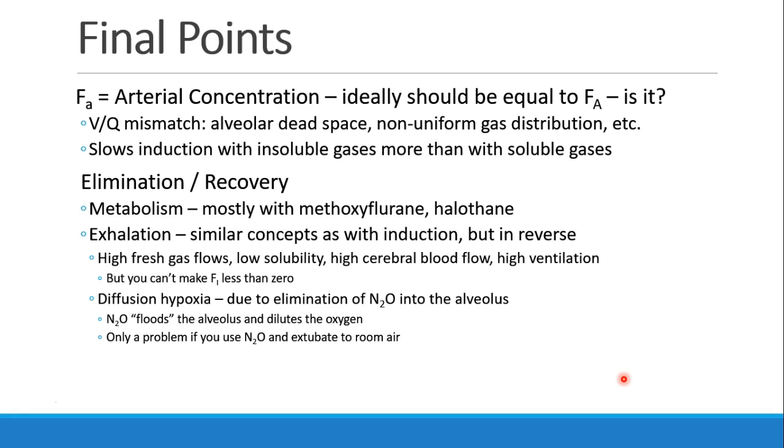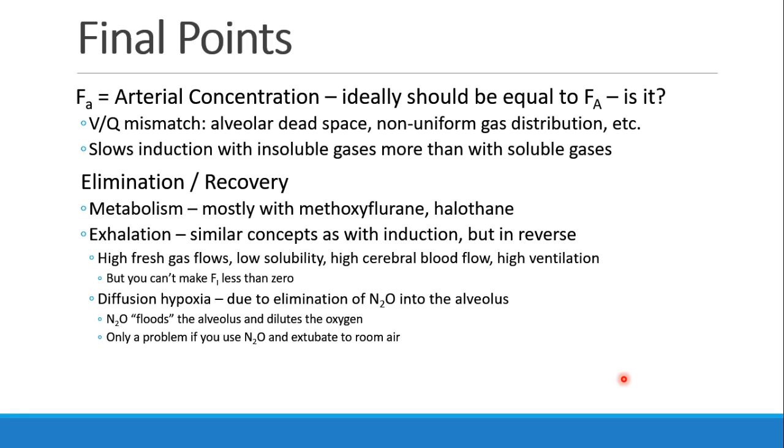We can talk about Fa, lowercase a, which is our arterial concentration. So that is, if I could take a blood sample and analyze how much sevoflurane is in it, will it be the same as capital FA, the concentration of sevoflurane in the alveoli? And that's kind of like asking, is the amount of oxygen in the alveoli equal to the amount of oxygen in the blood?